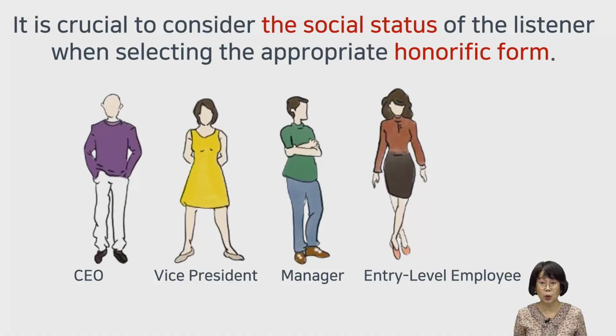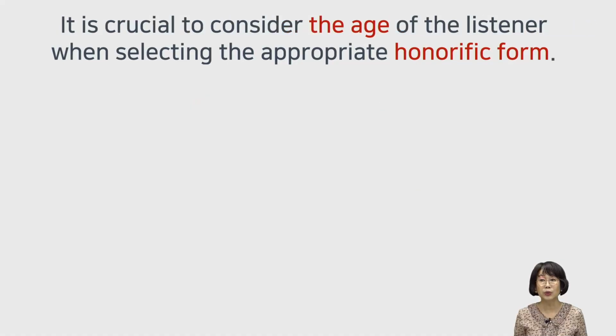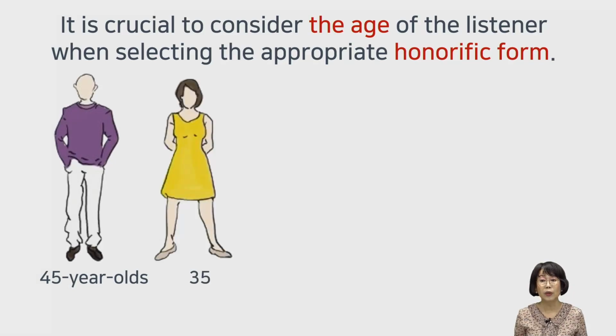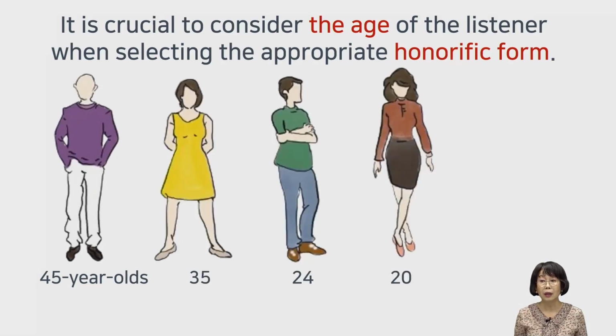When you're speaking to a senior, CEO, or Vice President, the form of the ending of your sentence is different. It is crucial to consider the age of the listener when selecting the appropriate honorific form. 45 years old, 35, 24, 20. When you are 20, the ending should be different. When you are 45, the ending should be different.